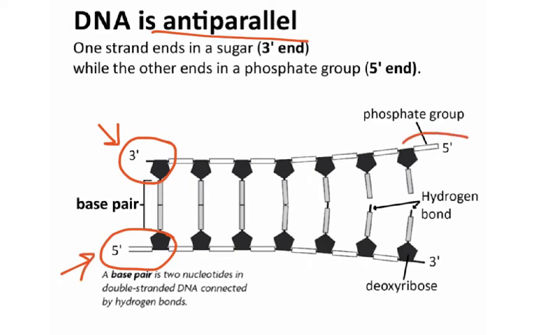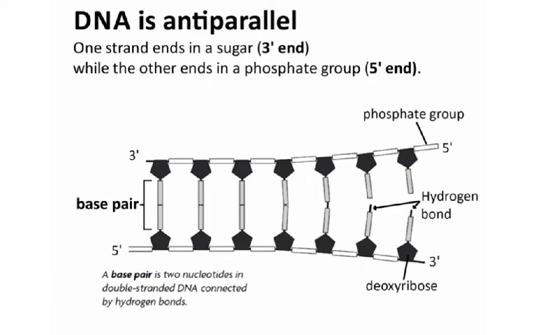You can see that over here as well, phosphate group 5' and sugar 3'. Notice also that we have base pairs that are labeled. The bases actually make up the rungs of the DNA ladder, and they are held together by hydrogen bonds.